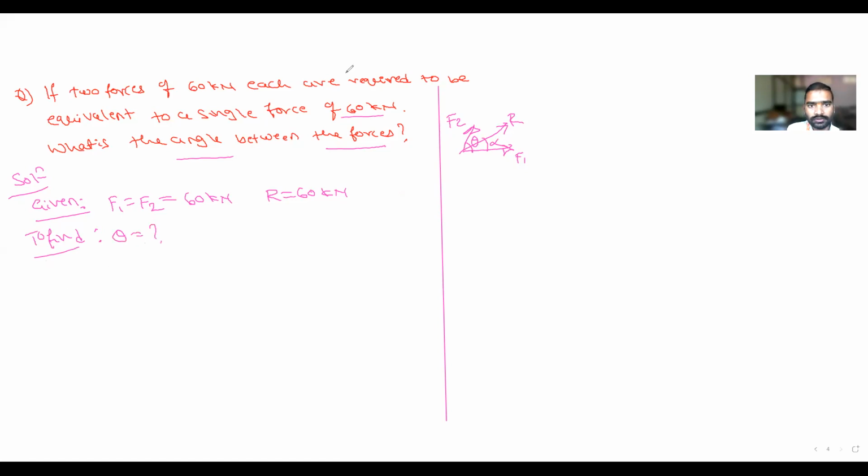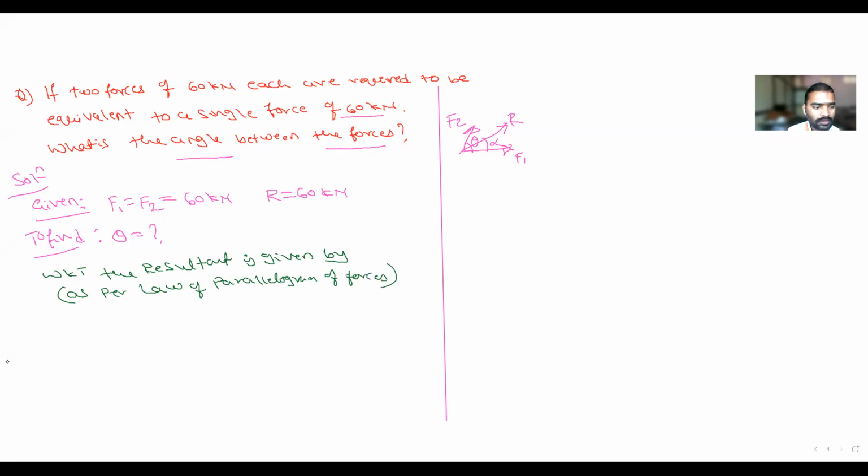So we know that the resultant is given by, as per the law of parallelogram of forces, R equal to under root of F1 square plus F2 square plus 2 F1 F2 cos theta.